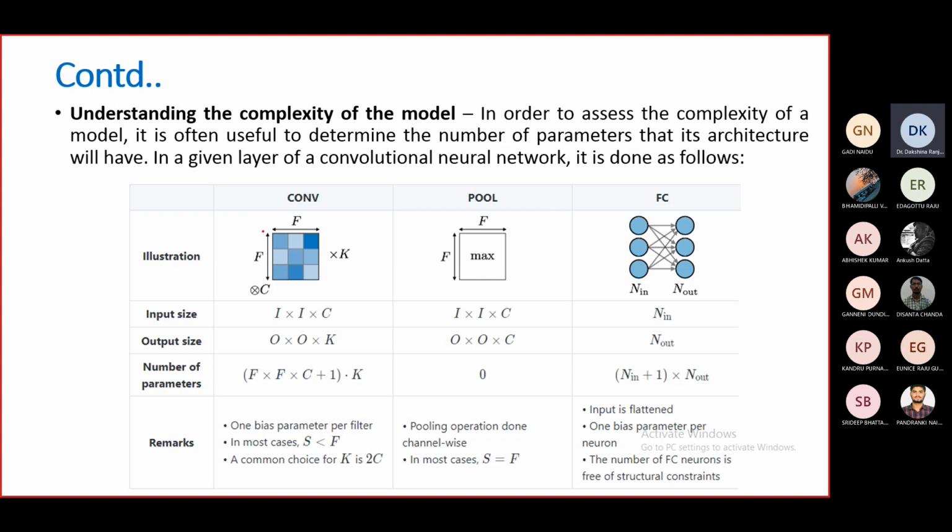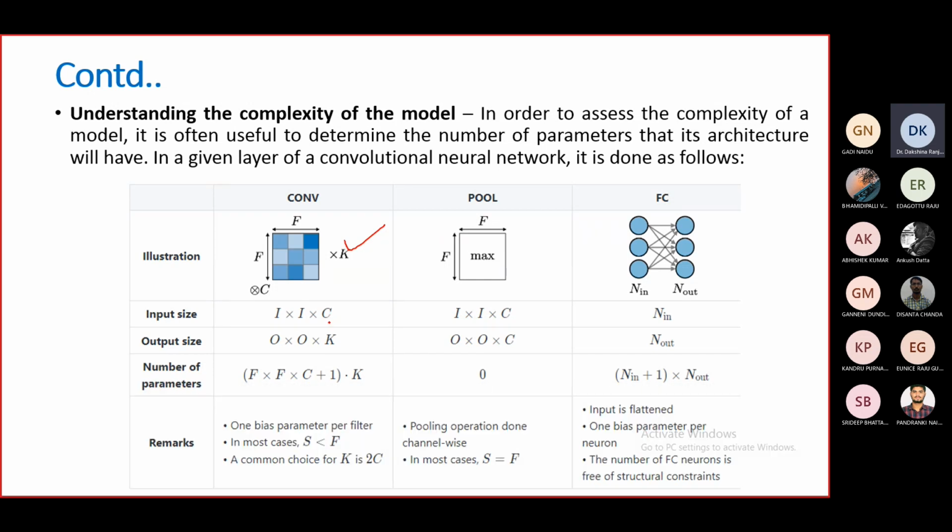Now here you can see we have f by f dimension. This is the dimension of the filter, f into f. Now what is k here? K is the total number of filters that have been used for the convolution operation.